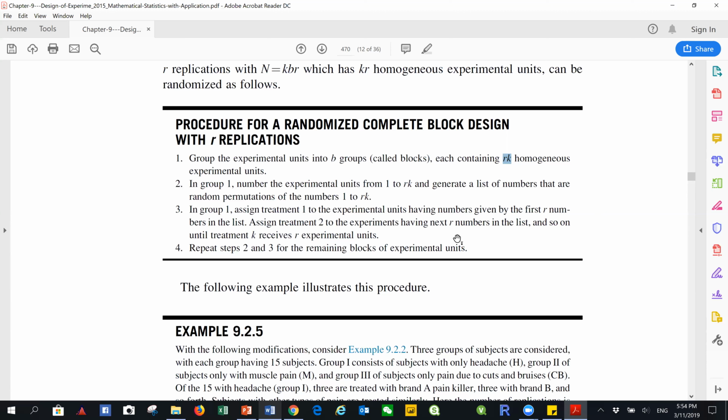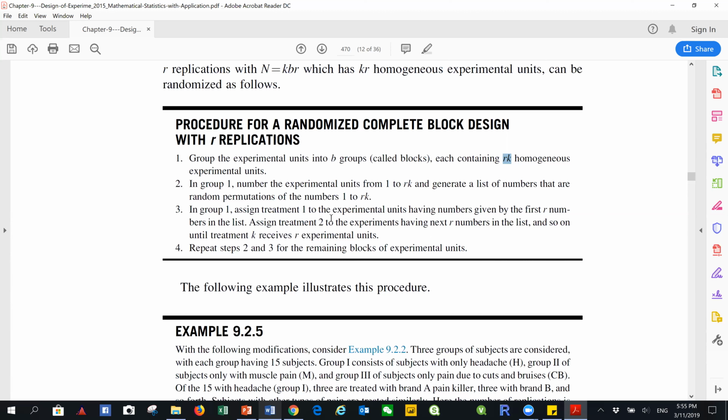So each time you randomly pick R numbers from the RK numbers within a certain block, and assign them to treatment 1.